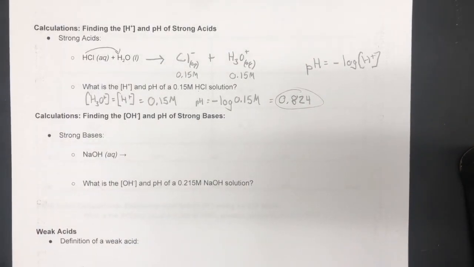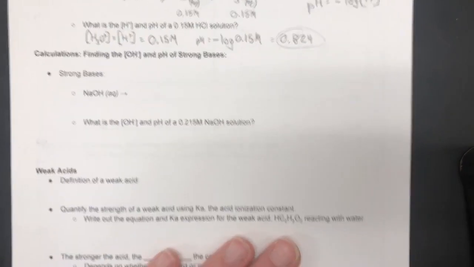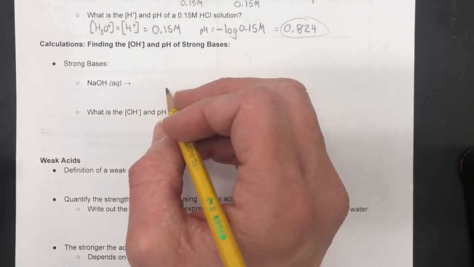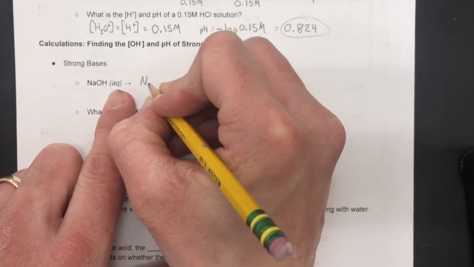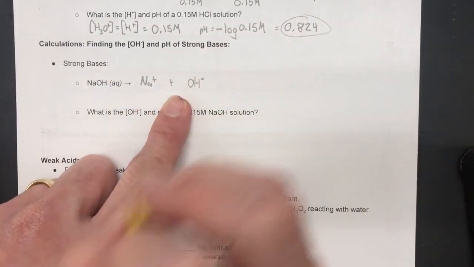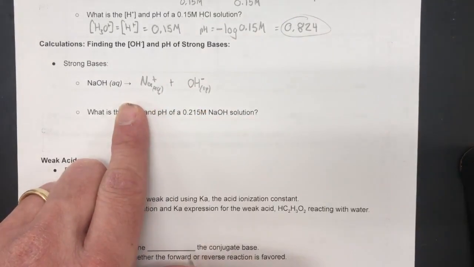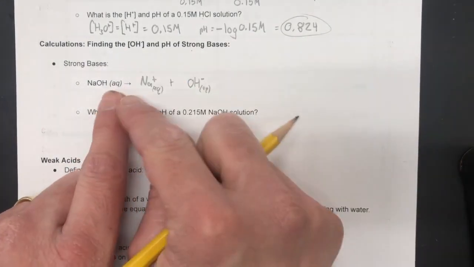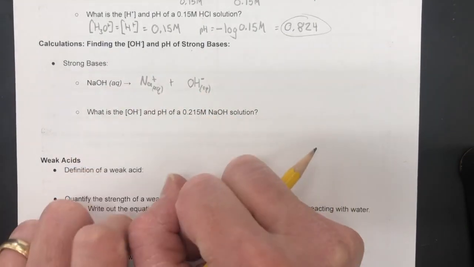We can do something similar with strong bases. So strong acids are pretty easy. We just take that concentration, plug it in, and we've got the pH. Strong bases are going to completely dissociate, so you end up with sodium ions in solution and hydroxide ions in solution. So again, when we talk about strong in terms of acids or bases, we just mean that it completely ionizes, or in the case of base, completely dissociates.